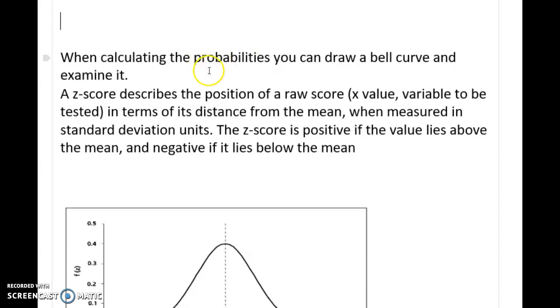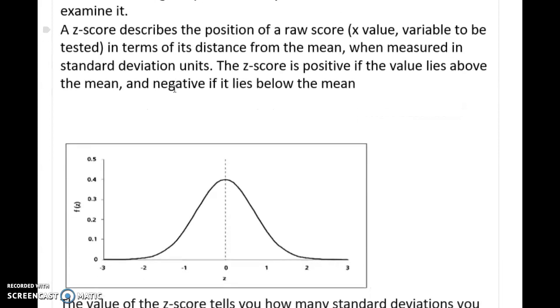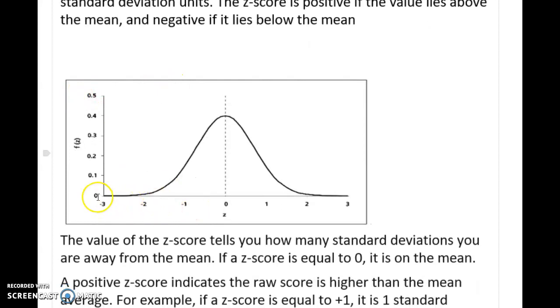This bell curve, you know that the z-score describes the position of your raw score, that's your x value, your number that you're checking, in terms of its distance from the mean. So we have our bell curve, which we know is this shape, and right in the middle is the mean. Our z-score for the mean is always going to be 0.